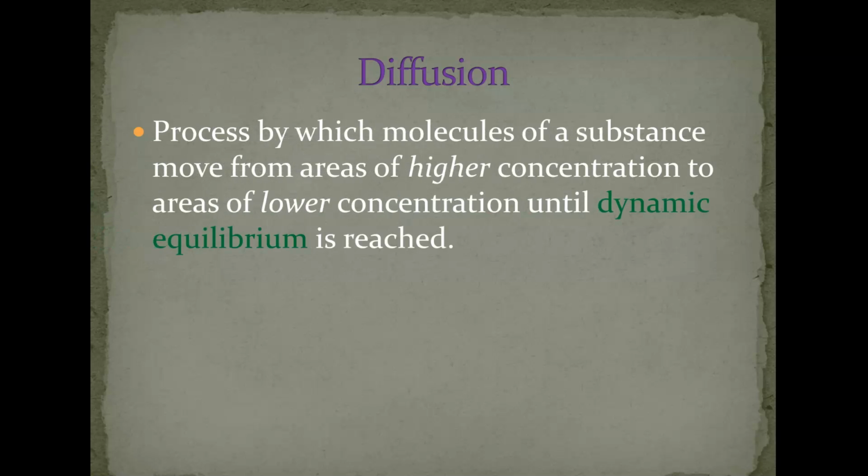So the first one that we're going to be speaking of for the types of passive transport is going to be diffusion. So diffusion is the process by which substances move from a higher concentration to a lower concentration to make a dynamic equilibrium. So we know that dynamic equilibrium means when things are equal on both sides, but this word dynamic means it's something about movement.